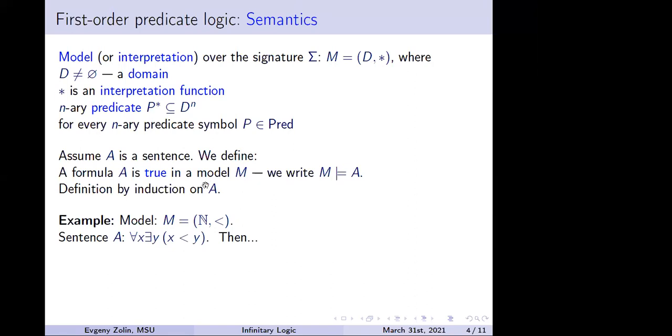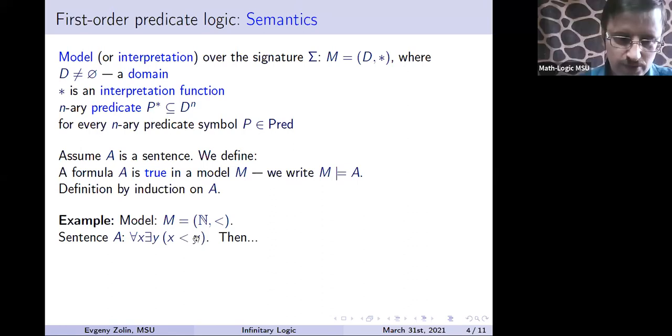Well, it's true, because for each element there really exists the next one, which is bigger. Yes, for example, we can take y equals x plus 1, and so this formula is indeed true. Yes, it expresses the property that this set is not bounded from above. It doesn't have a maximal element.